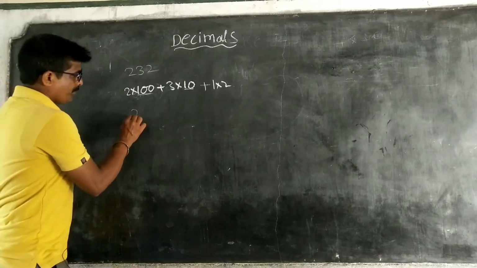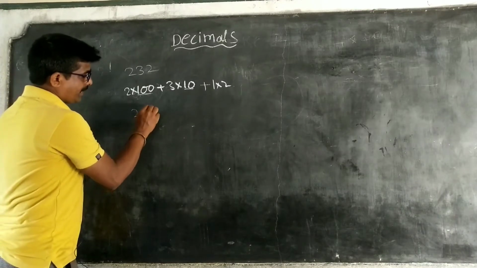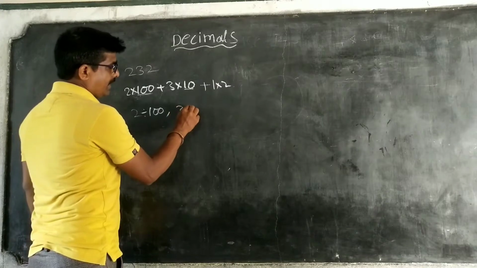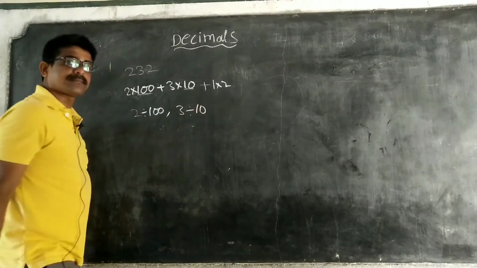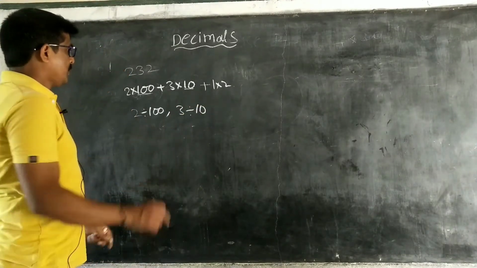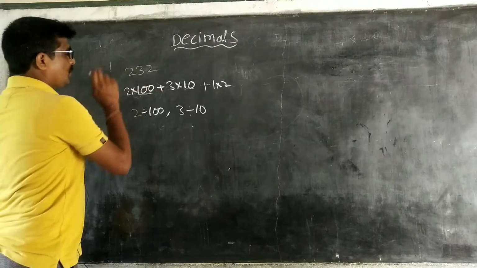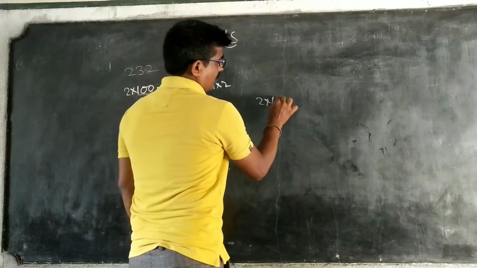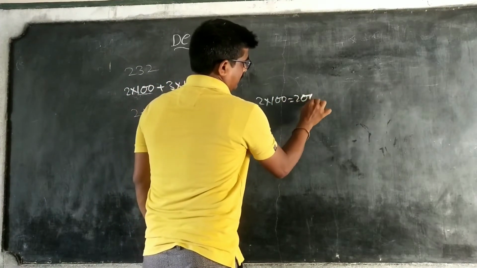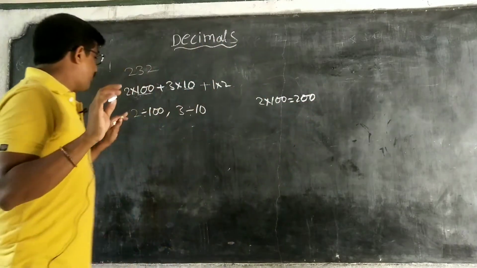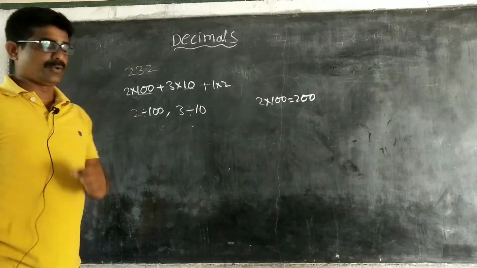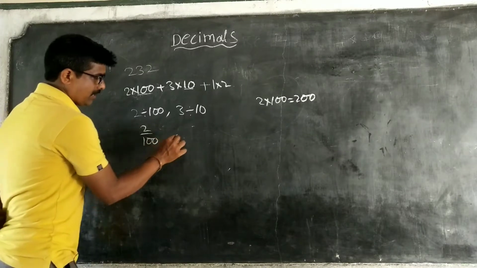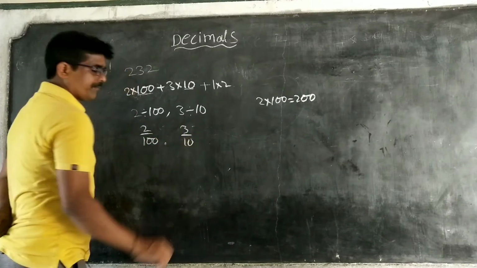For example, 2 divided by 100 or 3 divided by 10. 2 into 100 means we write 200. That is simple to understand. But for 2 divided by 100, what do we have to write?